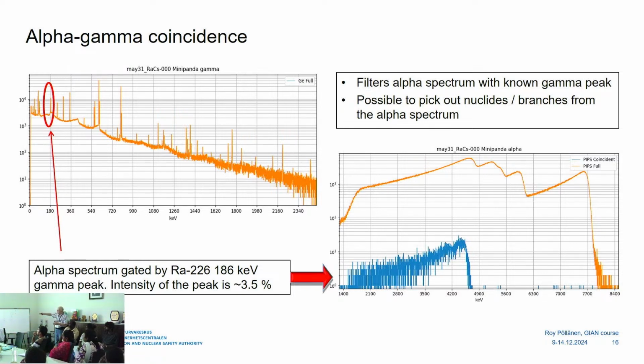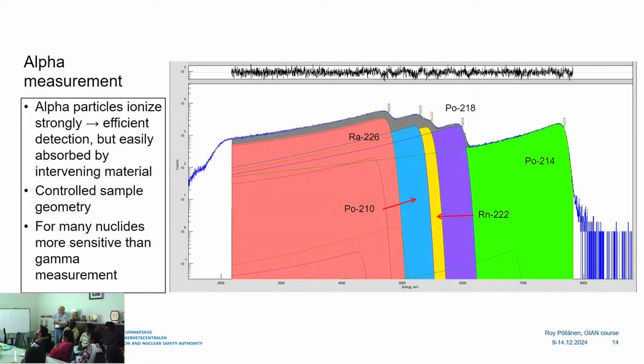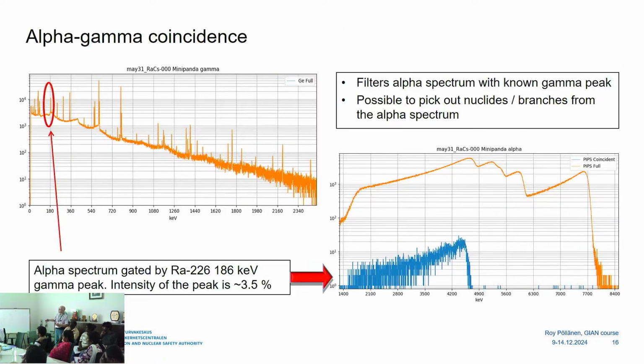So these are definitely radium 226 alphas. Nothing else. So it's this area here, red one. No background here.